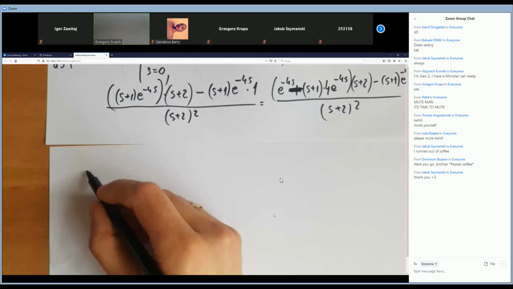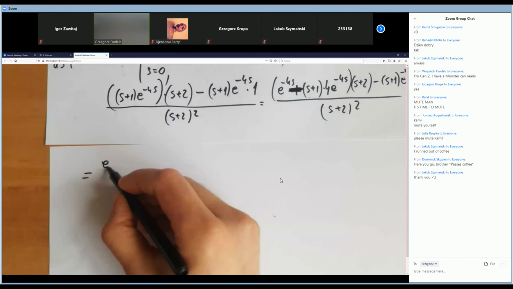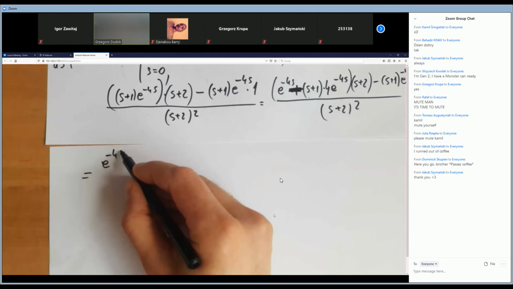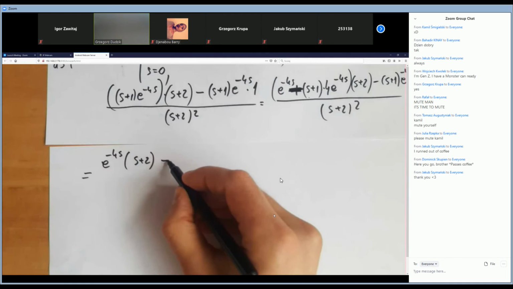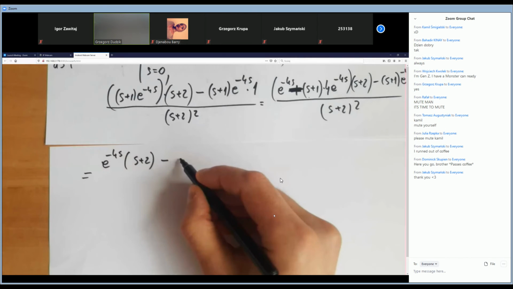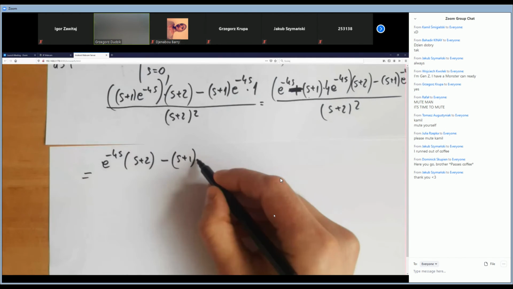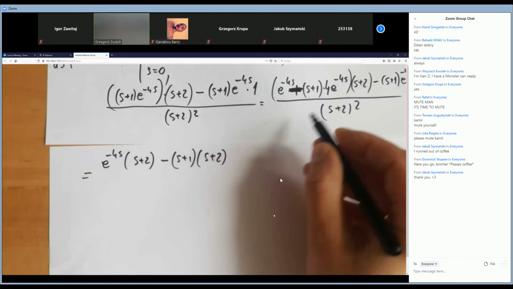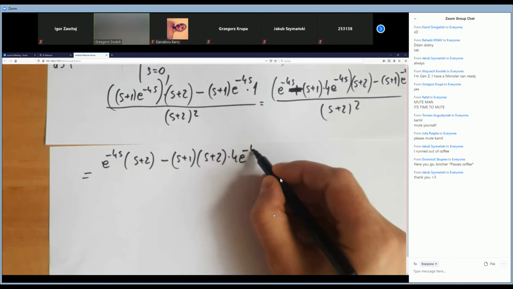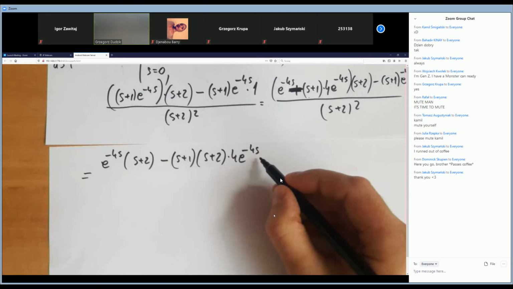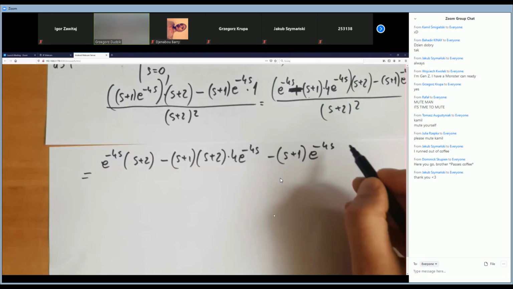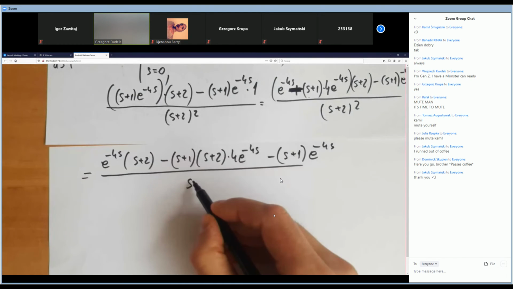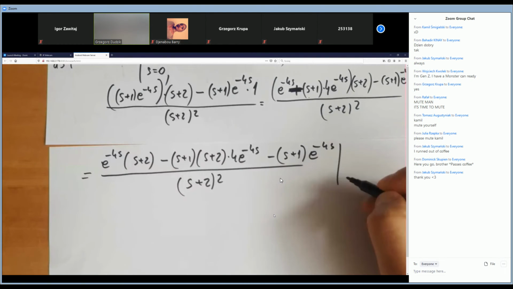So it is equal e to minus 4s times s plus 2 minus s plus 1 times s plus 2 times 4e to minus 4s, minus s plus 1 e to minus 4s over s plus 2 squared.